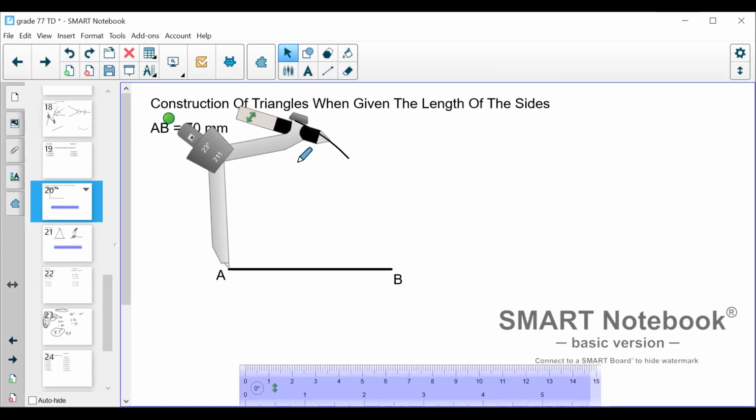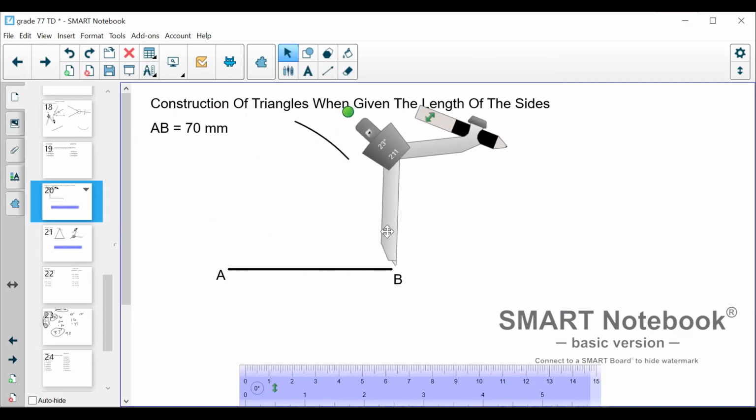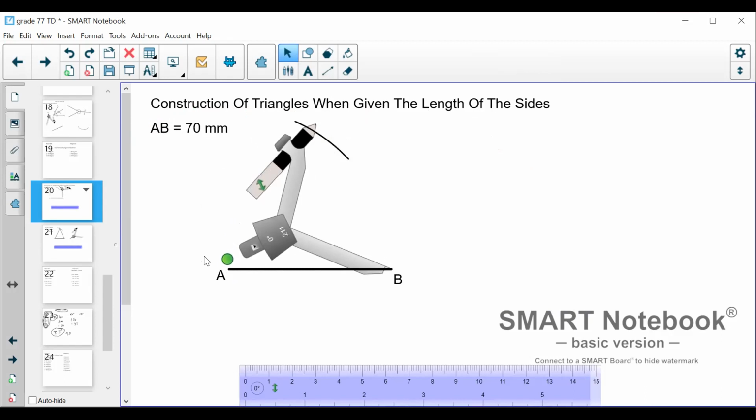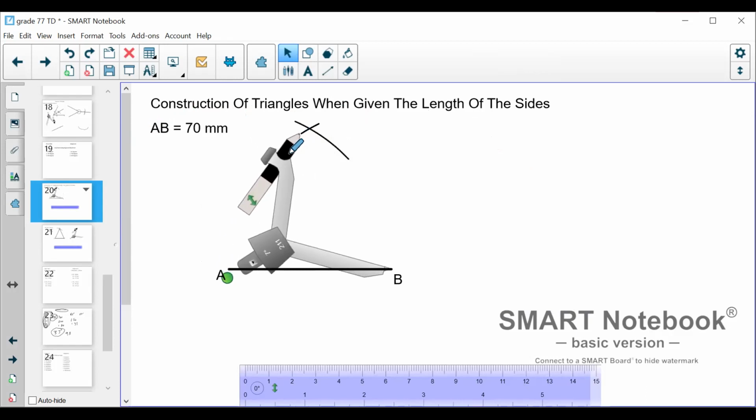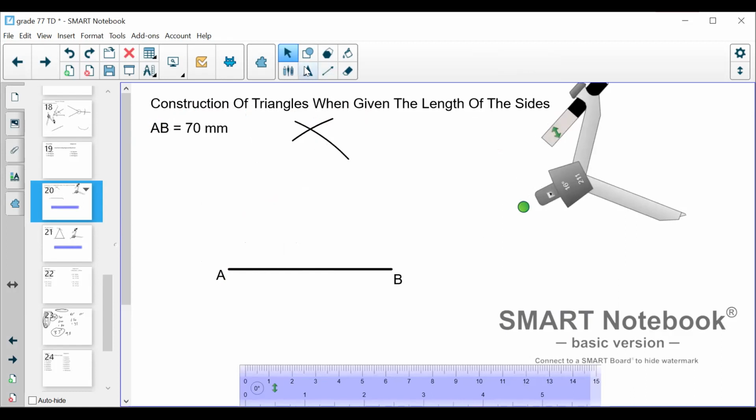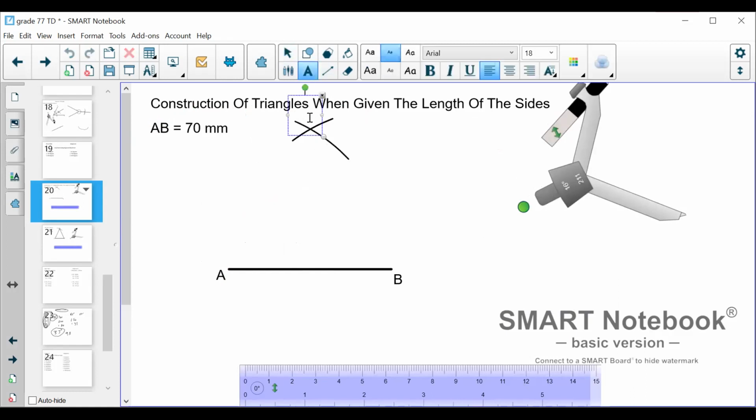Then we go to B with the same measurement, which is 70, and we draw an arc to intersect that one. So automatically that gives us 70 mm also. Now where the 2 of them intersect each other, that is the peak or the apex of the triangle. We label that point C.